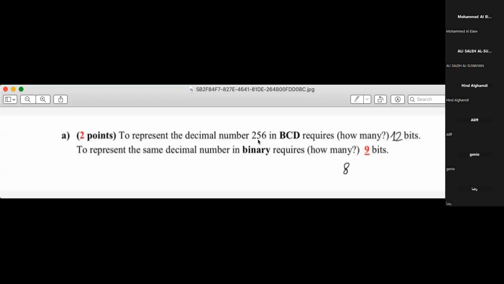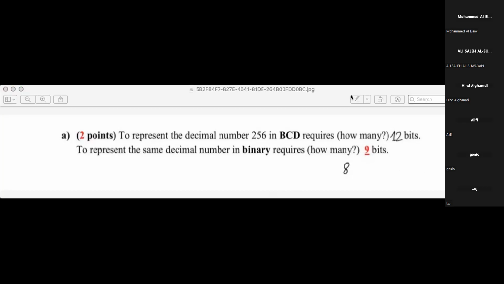Basically 256 is 2 to the power 8, and 2 to the power 8 in binary is 1 followed by how many zeros? 8 zeros. So the total number of bits in this 256 integer is 9 bits, not 8. This is why.